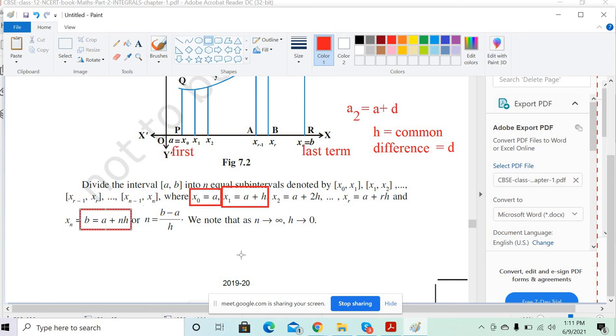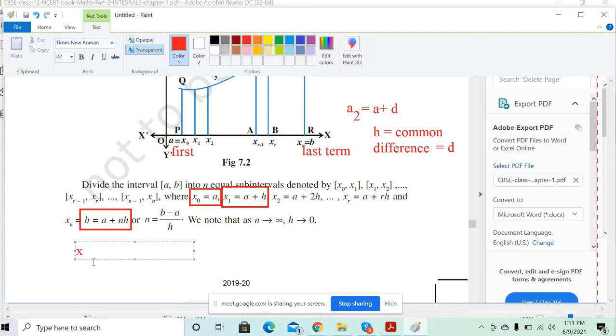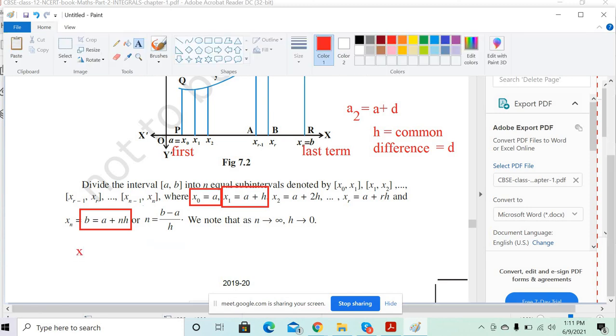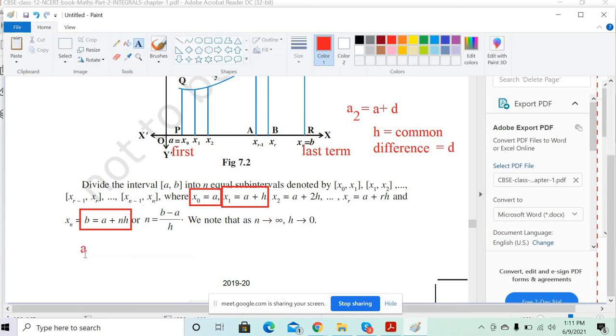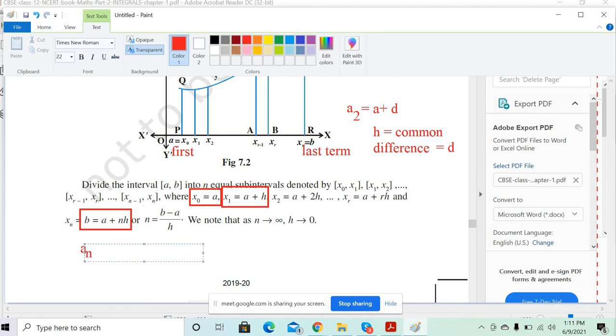Got it? If you didn't get it, I'll explain. Basically it is the n plus 1th term, so it is actually a of n plus 1, because we started with a naught. If we start with a1, then it becomes the nth term. If we started with x0, it will be n plus 1.